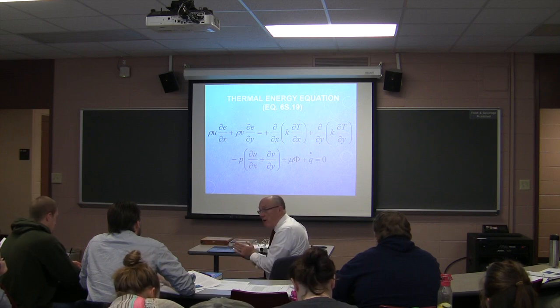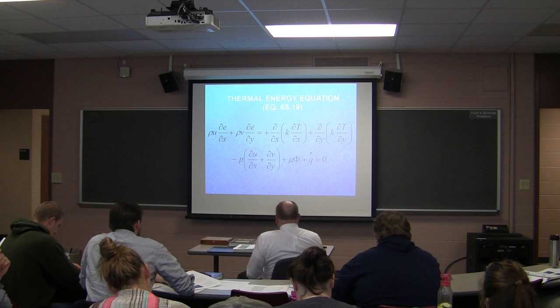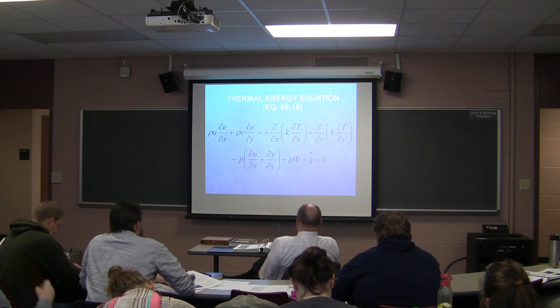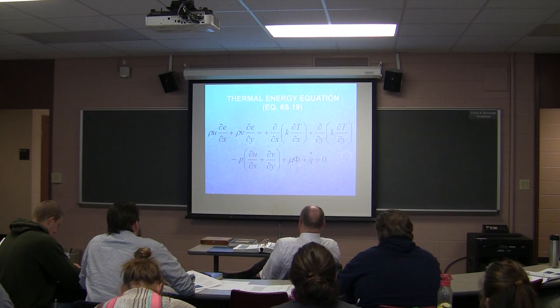And we're going to talk about those in just a moment. But you have to make some decisions about the boundary layer assumptions. All right, so that's the thermal energy equation in the form that we will typically use. And more often than not, we're going to ignore the viscous dissipation term, and we'll often ignore the heat generation.